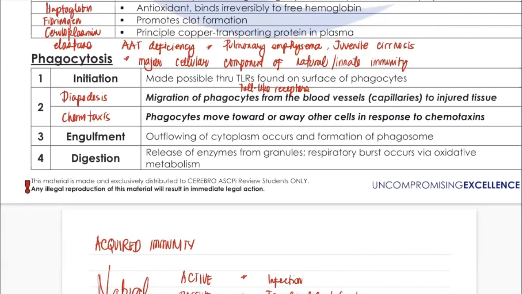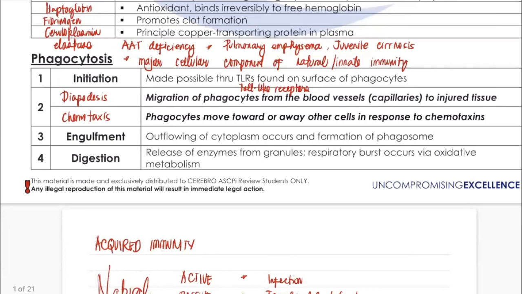It's not enough that the phagocytes are able to engulf the offending agent, but they also have to digest it. And minsan, nagkakaroon ng problema in the process of digestion, because there are phagocytes, neutrophils to be specific, that cannot digest, or they have the inability to generate an oxidative burst. And because of that, it would result to a certain disease.